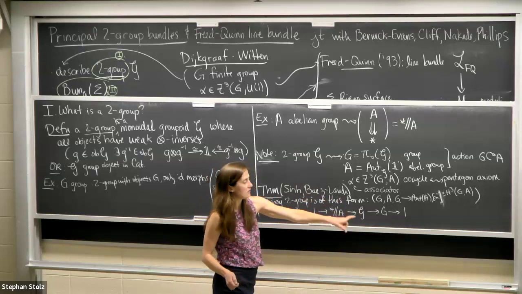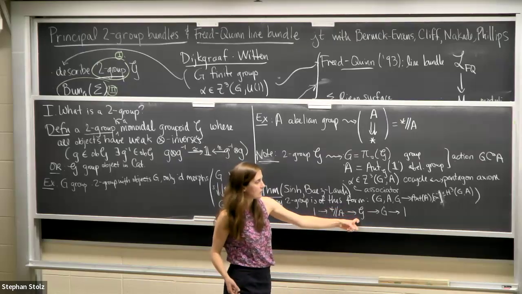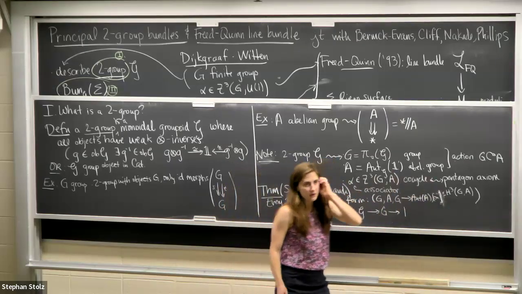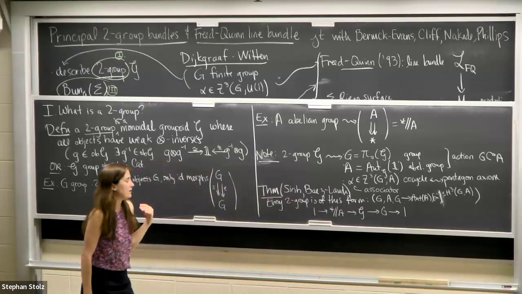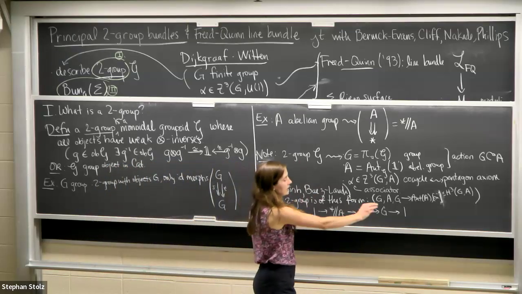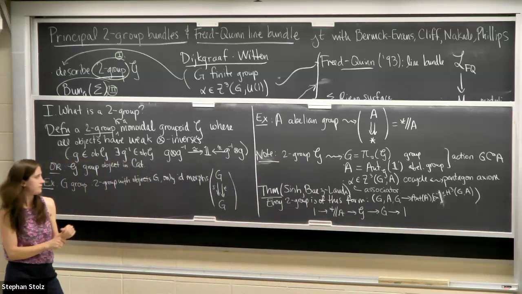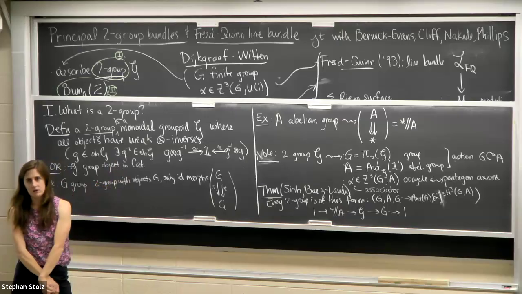So now this curly G is just a group, but we're allowing it to be a two group. These are going to be classified by H3 of G with values in A. And this way, thinking of how these two groups of this particular form fit into this extension, is what comes up again when we talk about the string group. Any other questions?